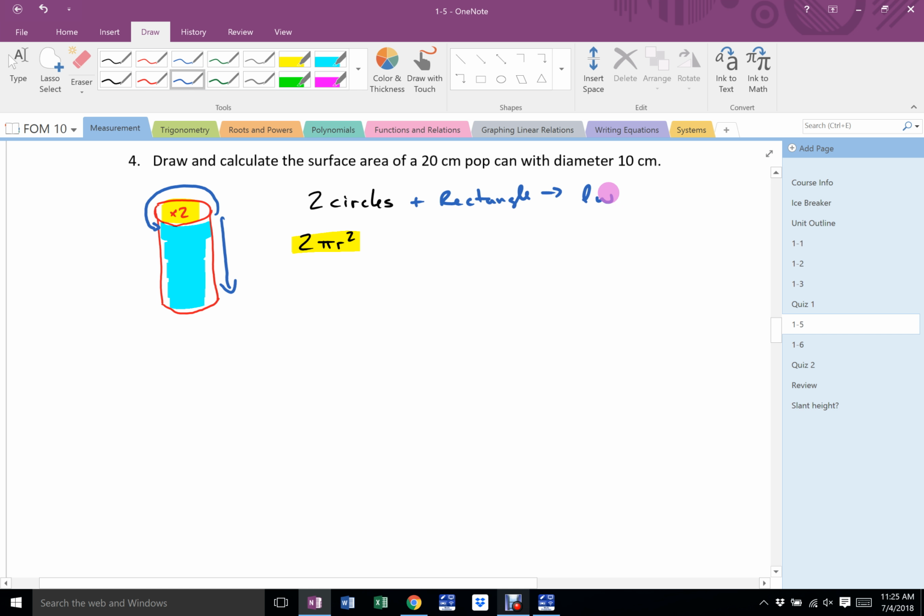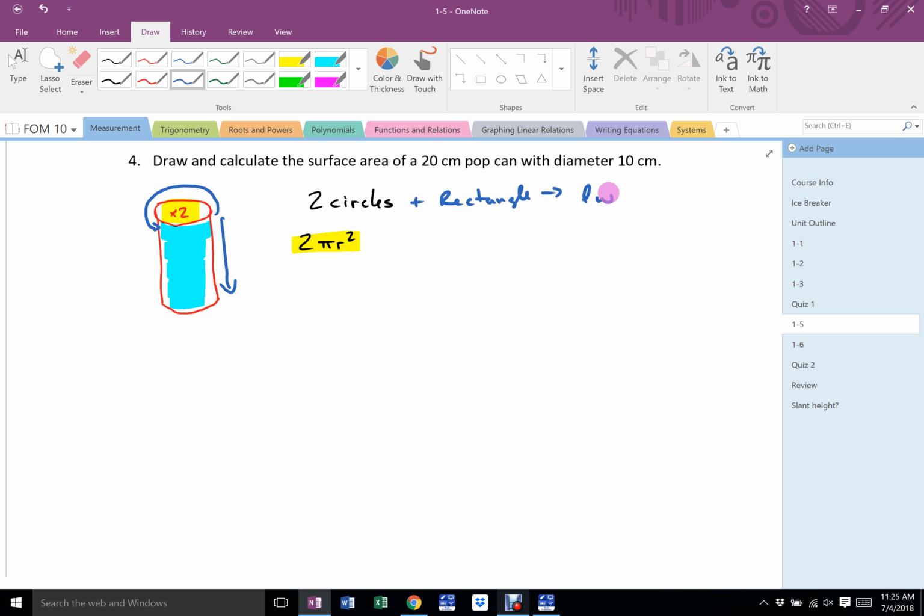Except if I stand up a pop can, pretend this is a pop can, what would you say is this measurement of my pop can? You would call it the height, wouldn't you? Does everyone agree? Because it's standing up on the ground.